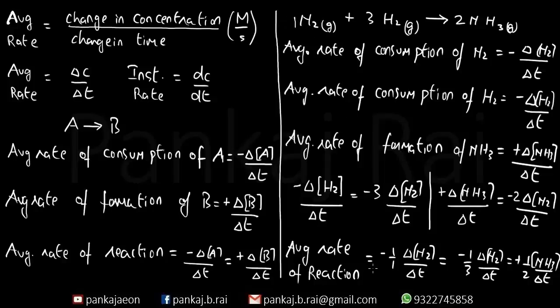So average rate of reaction, if we are representing it in terms of N2, would also be half of the rate of formation of NH3, because NH3 was double of N2. So this is the simple way to represent the average rate of reaction. The average rate of reaction is given by 1 by the coefficient in the balanced chemical equation of the concentration of the reactant or the product. Okay, so that is the simplest way to represent average rate of reaction.